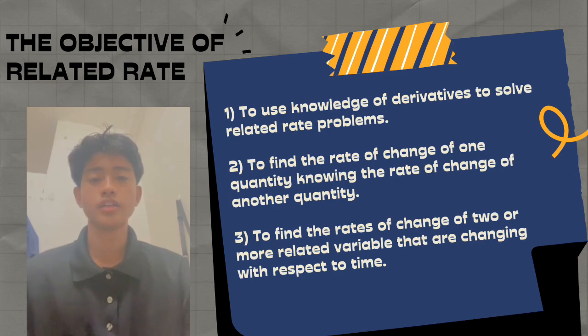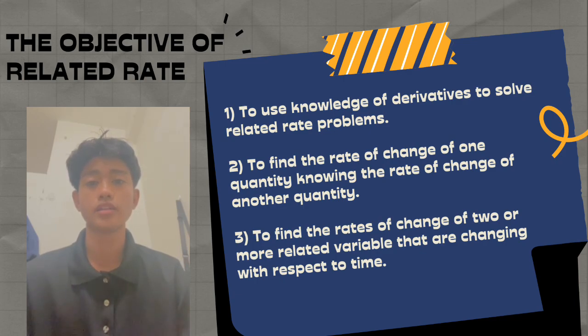Okay, I want to continue to related rates. The objective of related rates: number 1 is to use knowledge of the derivative to solve related rate problems. Number 2 is to find the rate of change of one quantity, knowing the rate of change of another quantity.